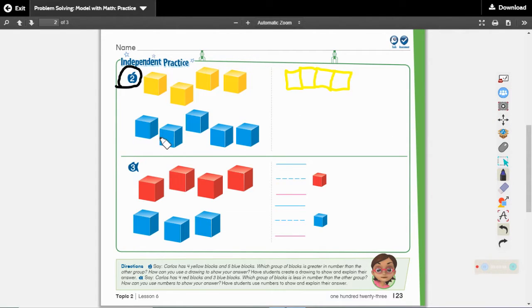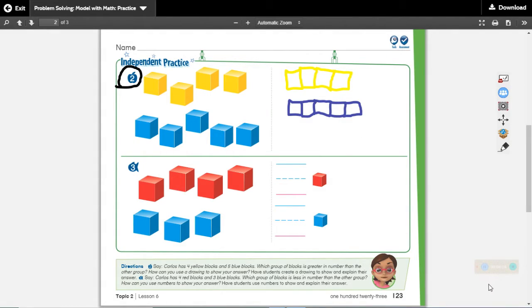And we have 1, 2, 3, 4, 5 blue blocks. So right under the yellow cube train, so I can compare them, I'm going to draw a cube train that has 5 blue blocks. And I'm going to try to keep my blocks about the same size as the yellow ones. That way I can compare them.